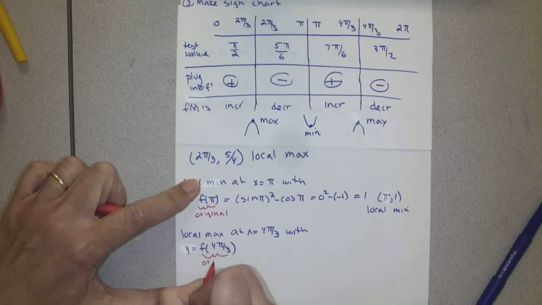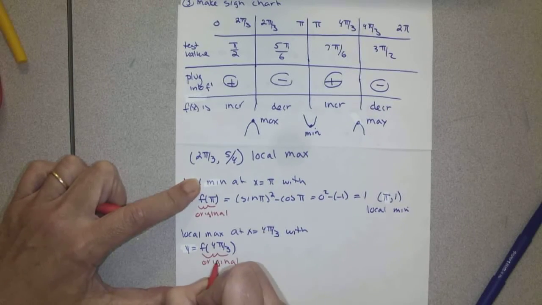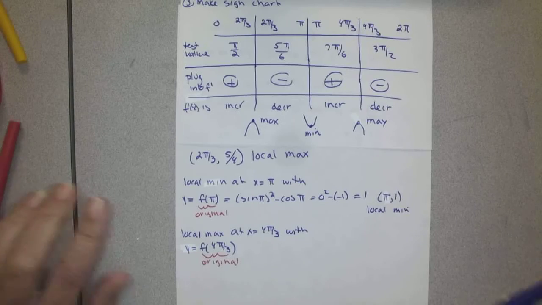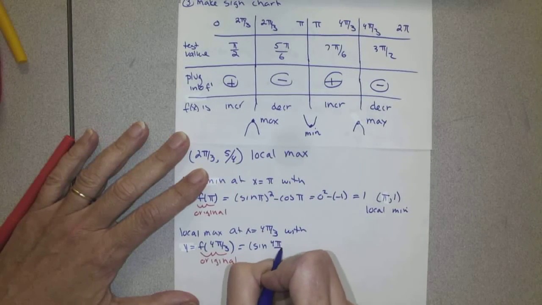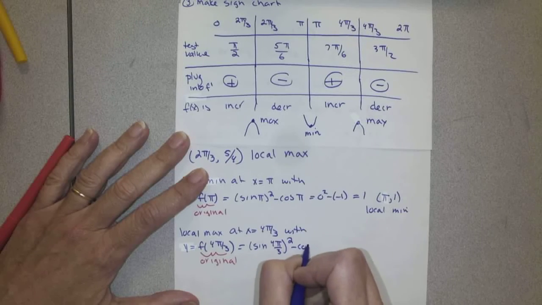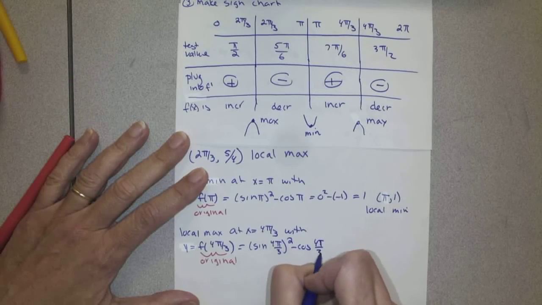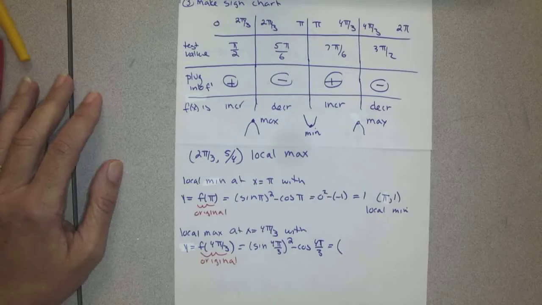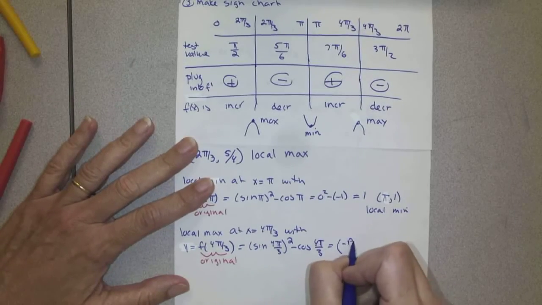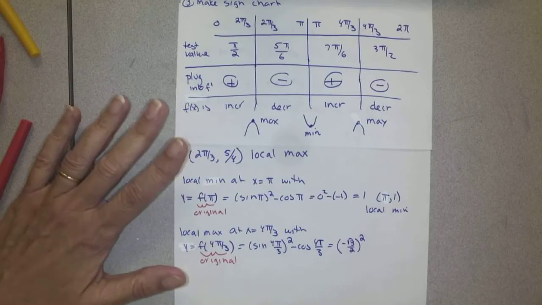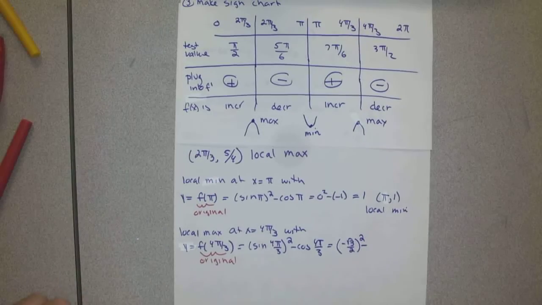always the original function. Y coordinates always come from the original function, so I'm going to have sine of 4 pi over 3 squared minus cosine of 4 pi over 3. Sine of 4 pi over 3 is negative square root of 3 over 2.